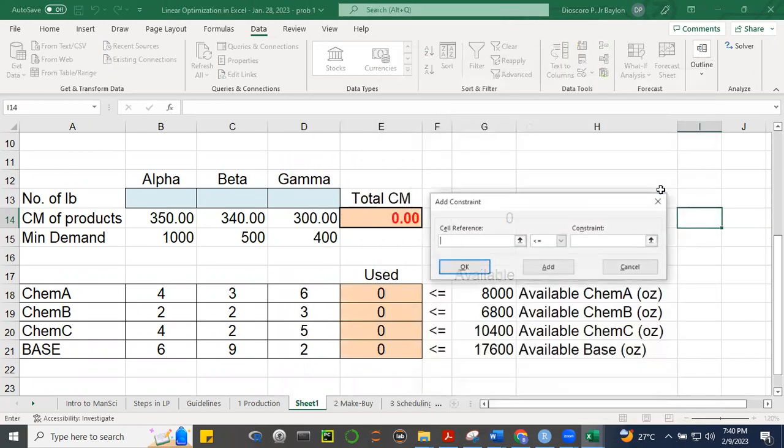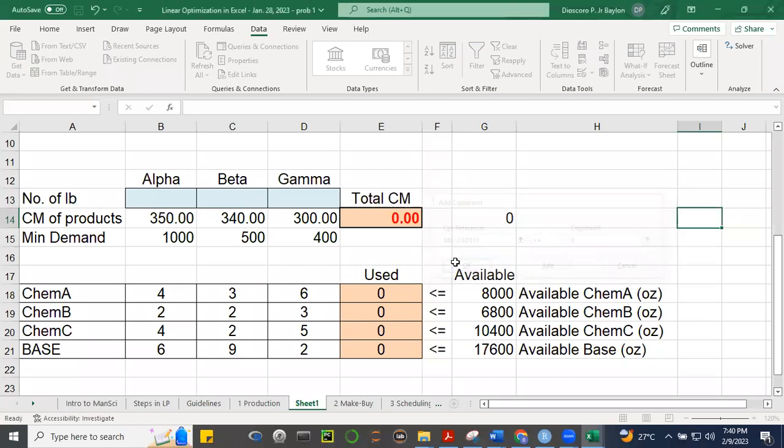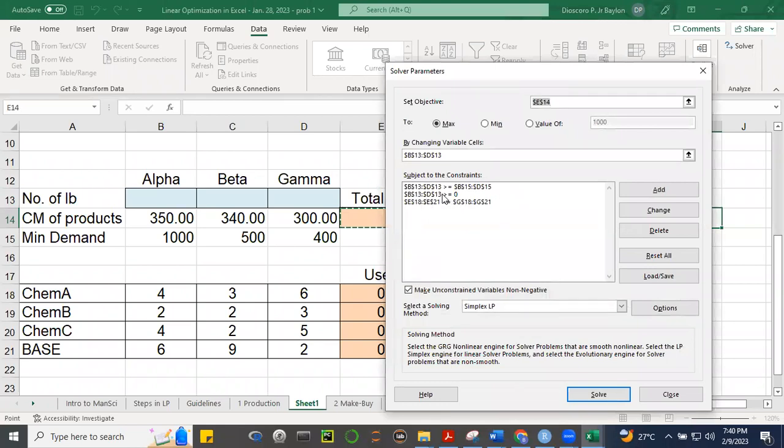You add another constraint, highlight the decision variables, and impose that they should be greater than or equal to 0. We are saying that these should be positive. They cannot be negative. This is what we call the non-negativity constraint.